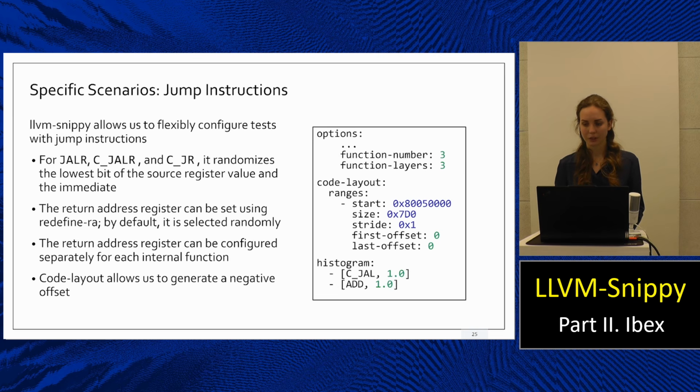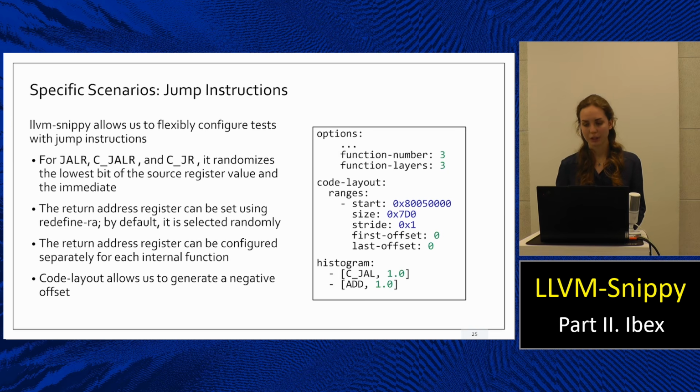These details affect how the core handles the branch address. You can also control the return address register through redefine. By default, it is random, but it can be fixed, including separately for internal functions.